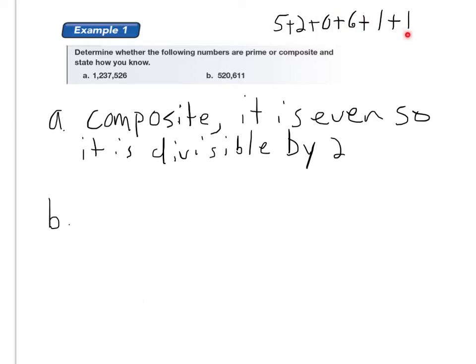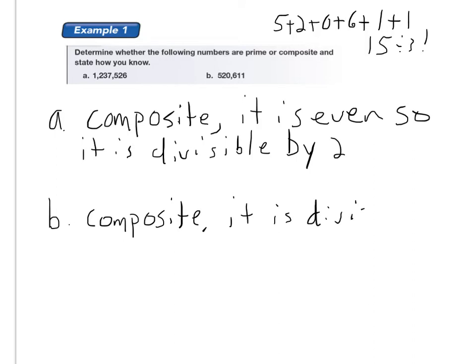And 13 plus 2 is 15. Well, I know that 15 can be divided by 3. So that means it's composite, because 3 goes into it. It is divisible by 3.